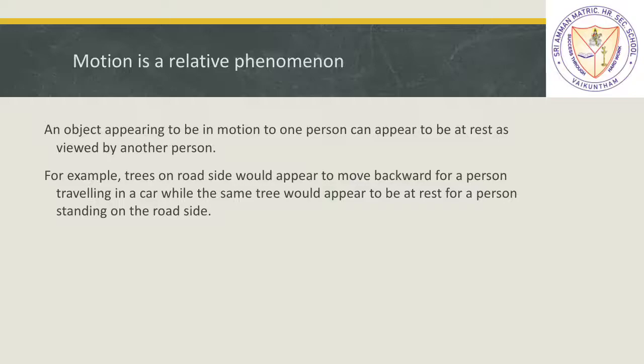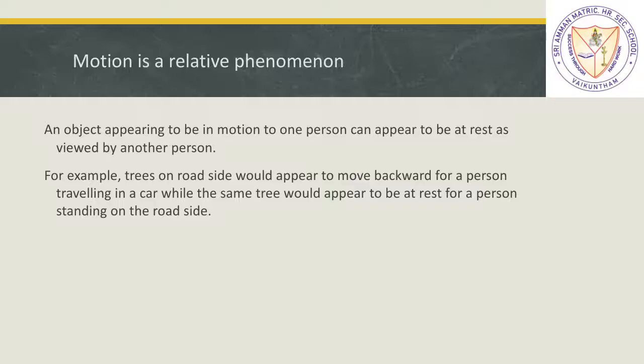What is this relative phenomena? Let us understand this. An object appearing to be in motion to one person can appear to be at rest as viewed by another person. For example, trees on the roadside would appear to move backward for a person traveling in a car, while the same tree would appear to be at rest for a person standing on the roadside. This is a common thing.